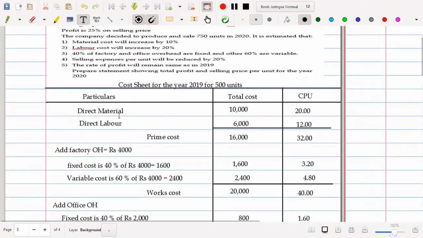Whatever is given in the problem, we have taken directly. It is the cost sheet for 2019 for 500 units. Direct material 10,000 rupees, and per unit I have calculated here. Direct labor 6,000, factory overhead again I have divided here. 40% is fixed and 60% is variable. Now to make it easy, I have done this.